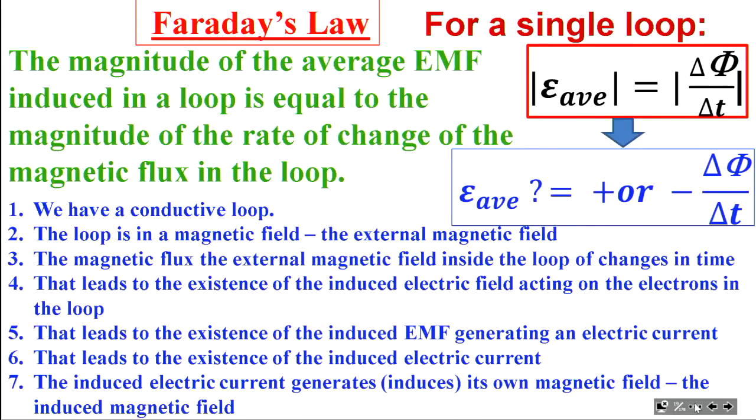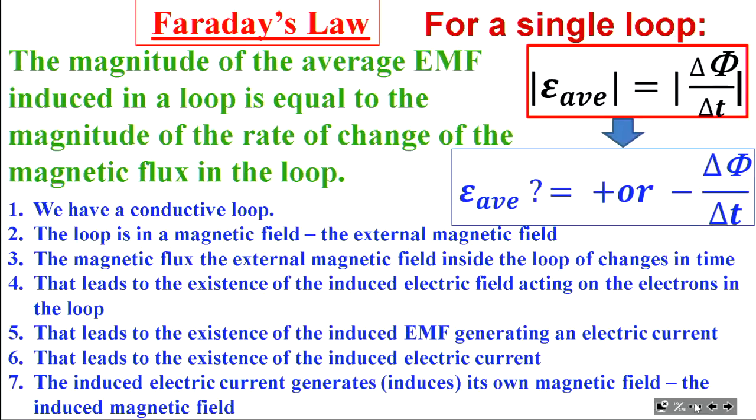So this is the Faraday's law. He established it, he proved it, that the magnitude of the EMF induced by the change of the external magnetic flux in a single loop is just equal to the rate of change of the flux.